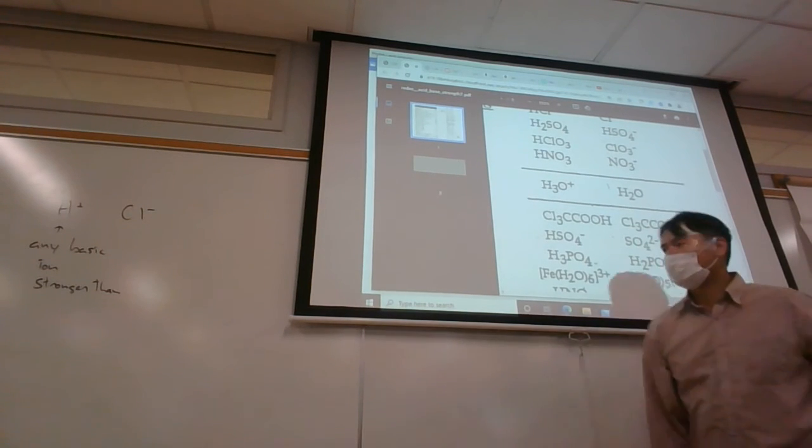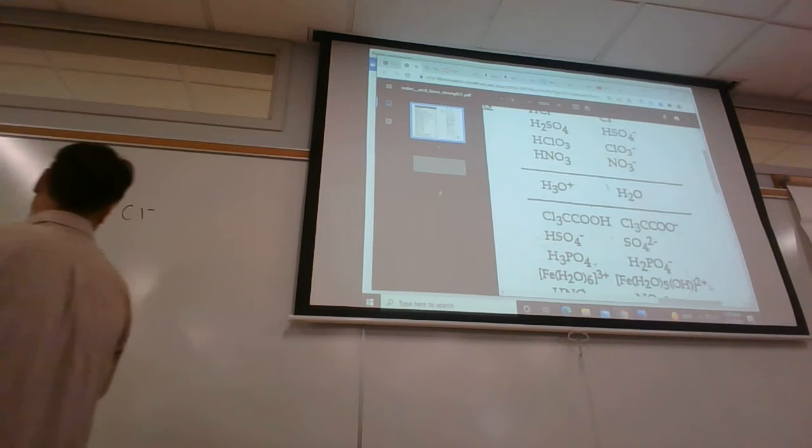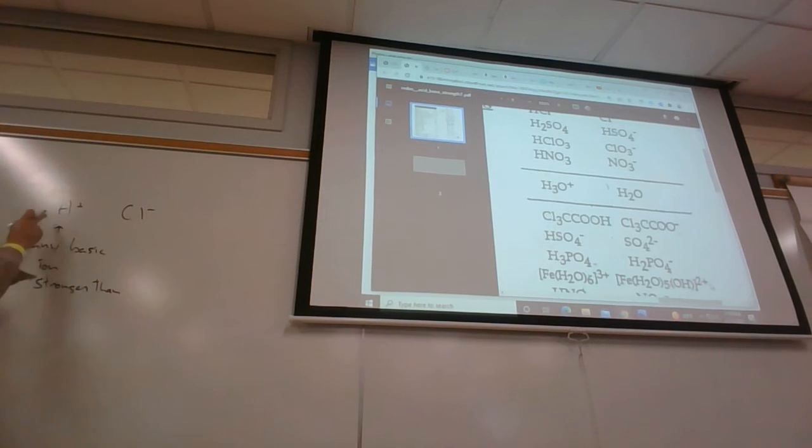I could say trichloroacetate, but there's probably some anion that's stuck in between these 2. So this might sound a little bit strange, but we'll just say any basic ion, because metathesis reactions are ion combinations. So we're looking for favorable ion combinations. Let me rephrase this: any basic ion that is a stronger base than water.